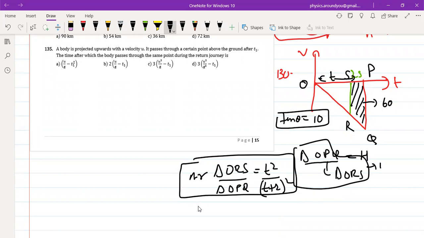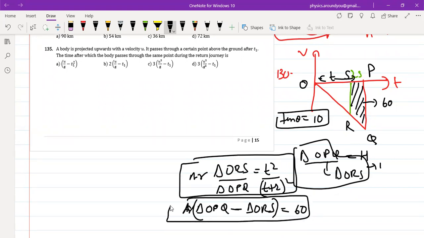Yeah, I know triangle OPQ area minus triangle ORS area. If I subtract them, I should be getting the area of the hatched region, which is 60.